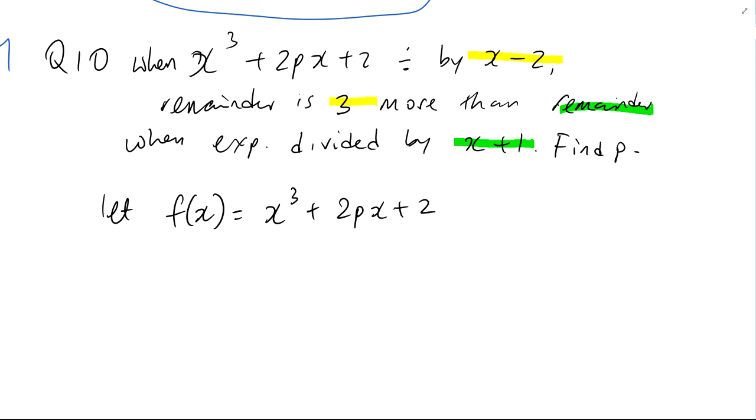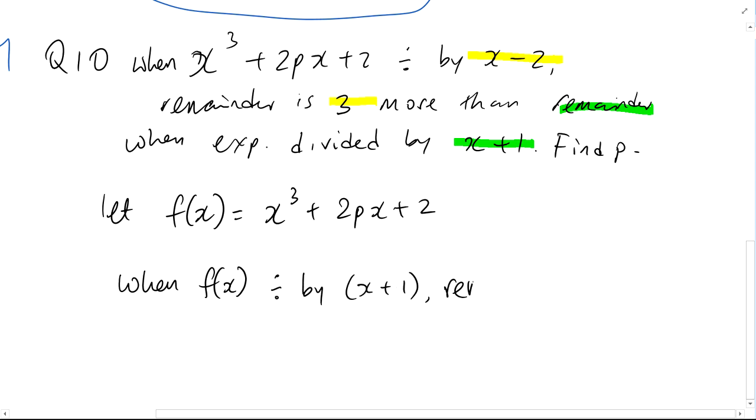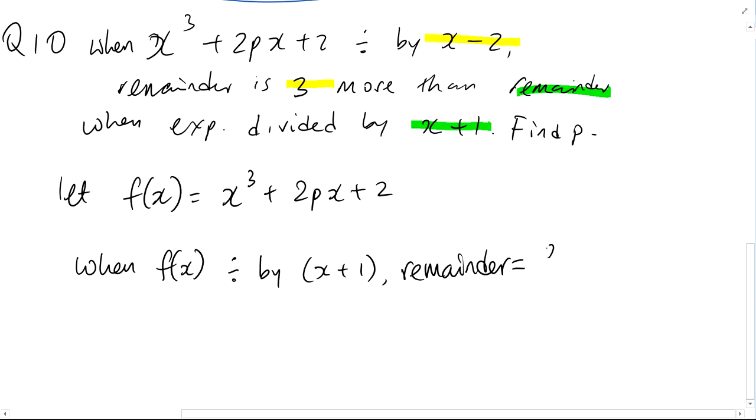Okay, let us start with the green color part. When it is divided by x plus 1, what is the remainder? When f(x) is divided by x plus 1, the remainder equals f of what?